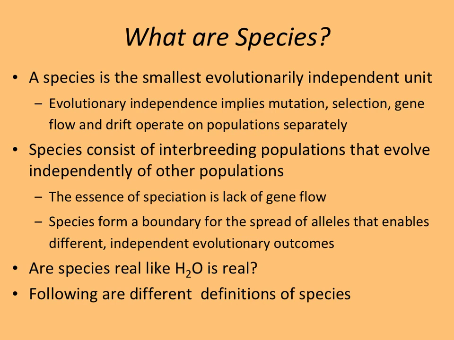Species consist of interbreeding populations that evolve independently of other populations. In other words, they usually don't breed successfully. The thing is, there's a whole bunch of different definitions of species. So species are kind of arbitrary, but not arbitrary like classes such as small, medium, and large.